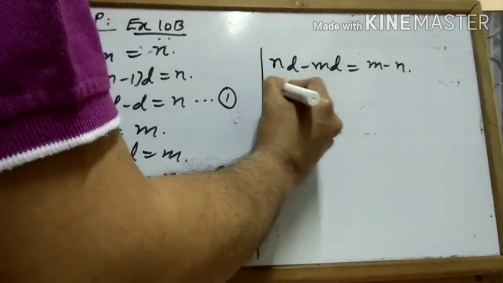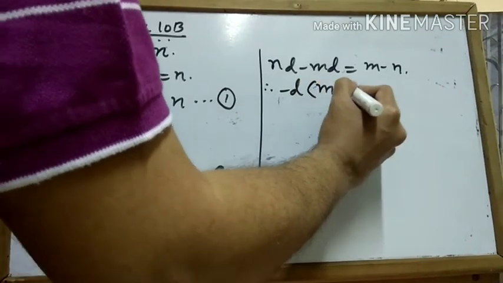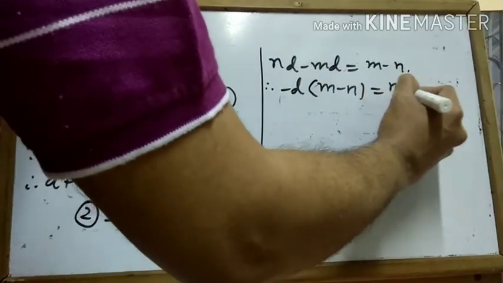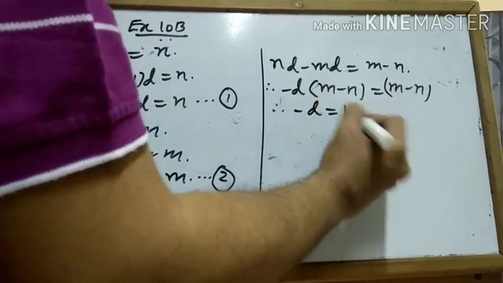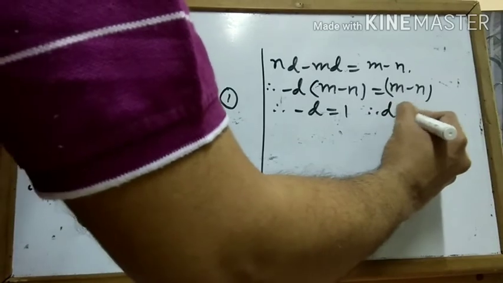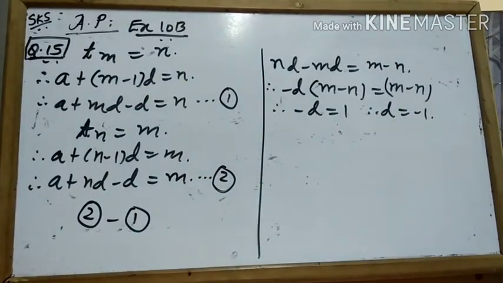From this I am taking negative d common, and I get m minus n. So negative d is equal to 1, hence d will be equal to negative 1. I got the d value as negative 1.